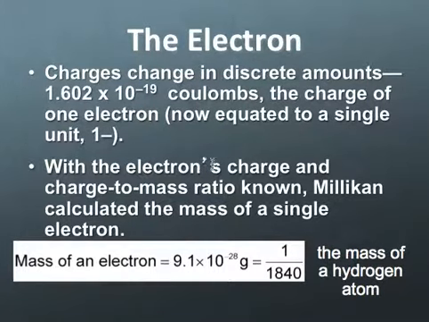So with the electron's charge, he could also get the mass of the electron. That was yet another calculation. Again, nothing you need to memorize, but it is 9.1 times 10 to the negative 28 grams, just to put things into perspective. And it is 1/1840th of the mass of the hydrogen atom.